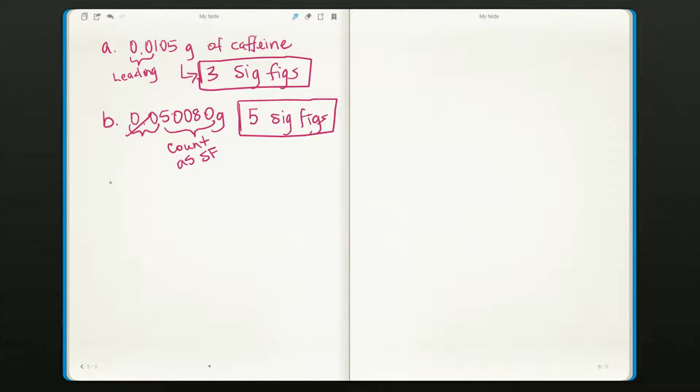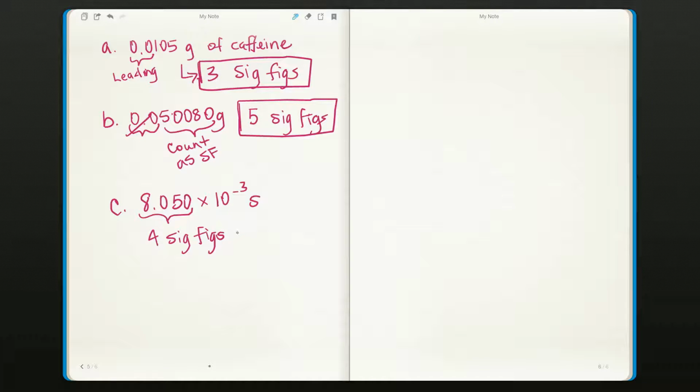Okay. Now C. Sometimes you'll be given or write numbers in scientific notation in order to show how many digits are significant, especially if there's zeros. So this example, the number is 8.050 times 10 to the negative 3 seconds. So the numbers that count in scientific notation are whatever this coefficient is. So in this case, there are 4 sig figs.